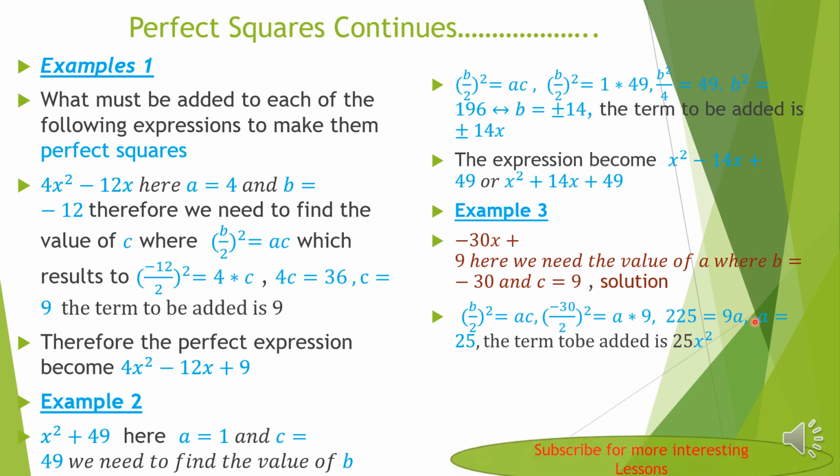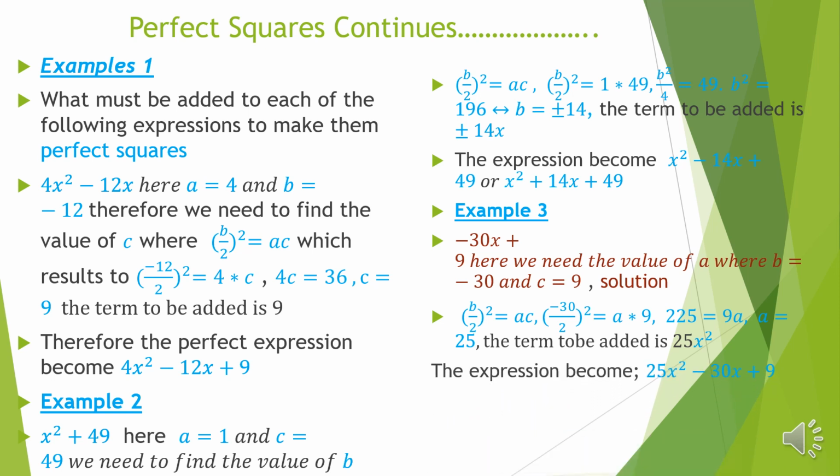To get A, we divide both sides by 9, and we get that A equals 25. And therefore, the term to be added is 25x squared, right? And therefore, the expression becomes 25x squared minus 30x plus 9.